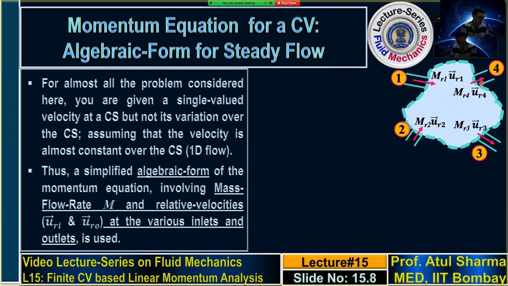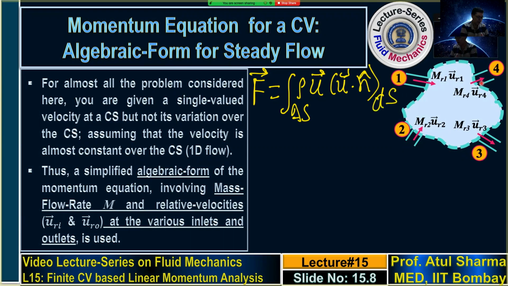So the original equation which I had presented in the previous slide was: the net force is equal to, for a steady flow, the first rate of change term is 0, the rate of change of momentum stored inside the control volume is 0, and you are left with the second term which involves a surface integral where you have rho u vector and u vector dot n, because you take the normal velocity to calculate the mass flow rate.